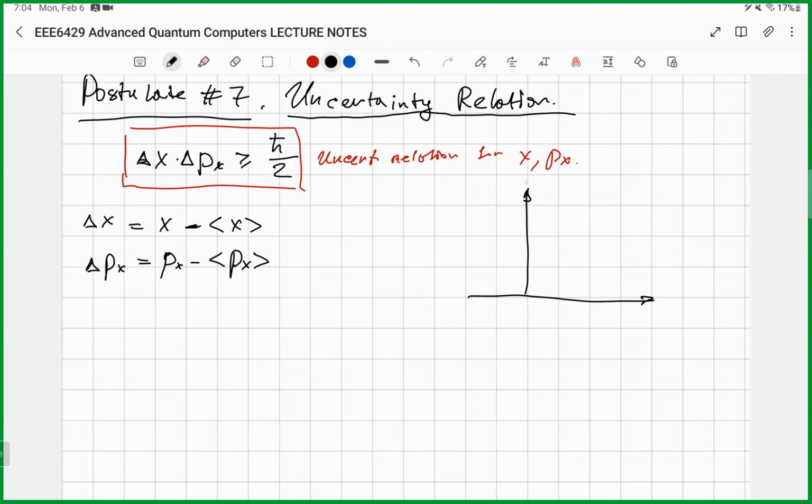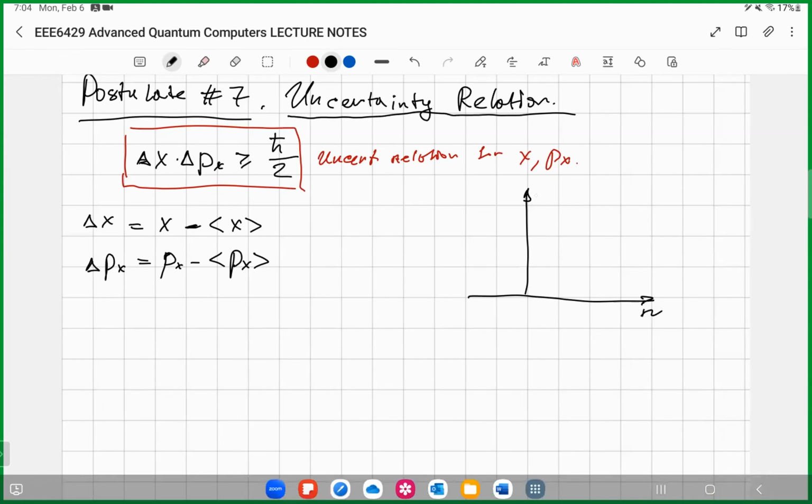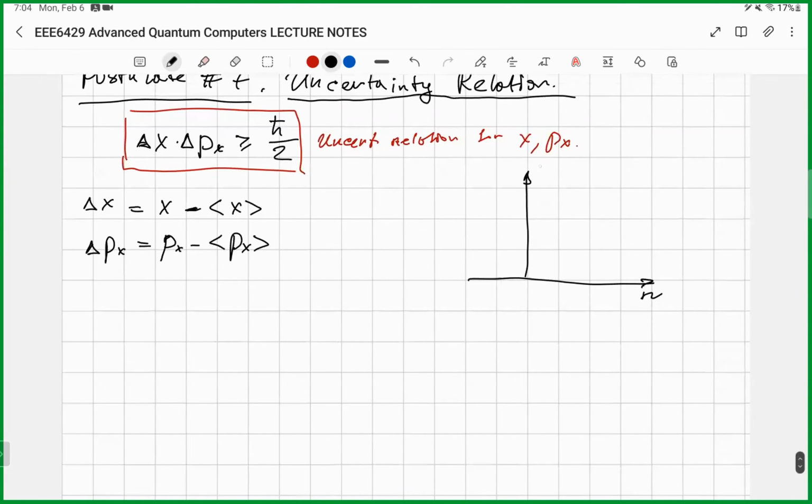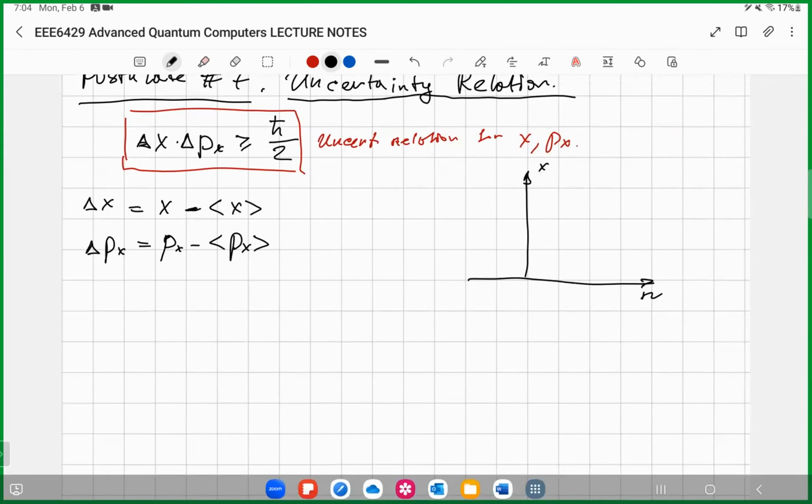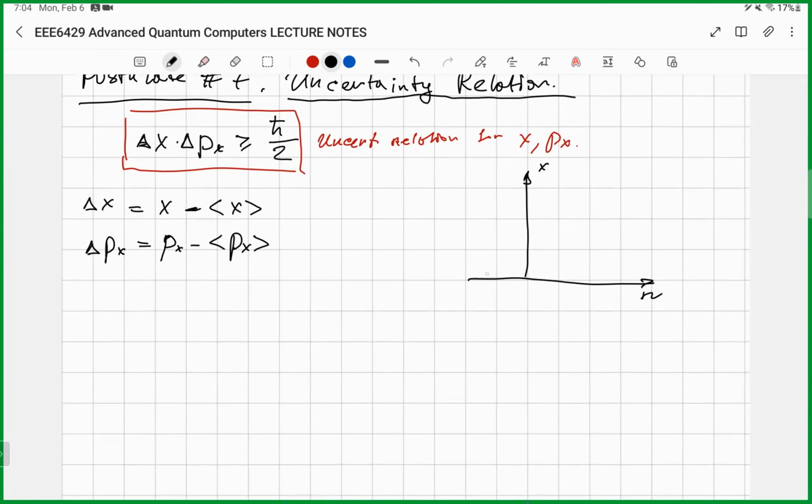For example, this is x as a function of the number of measurements, and for example, you get something like this. So this will be the mean value, right?